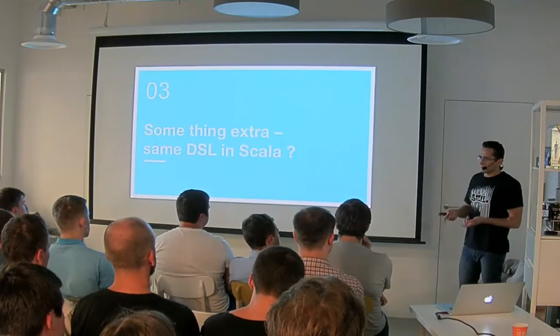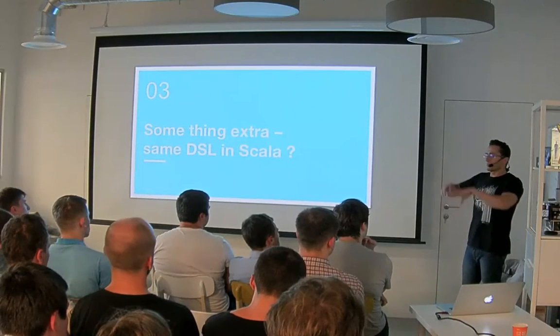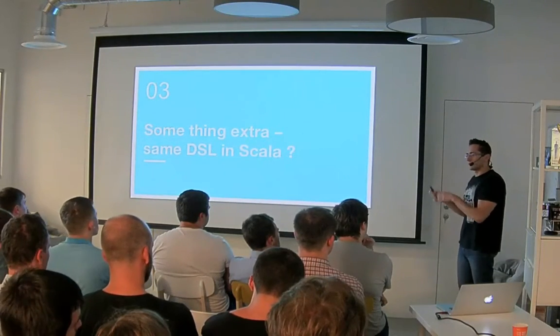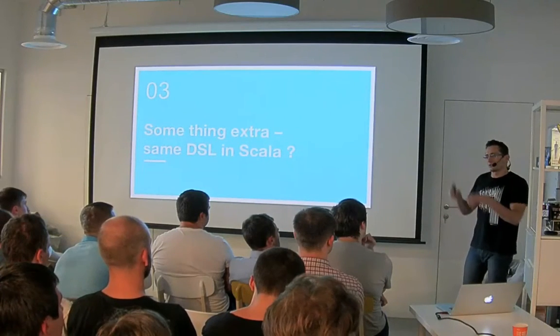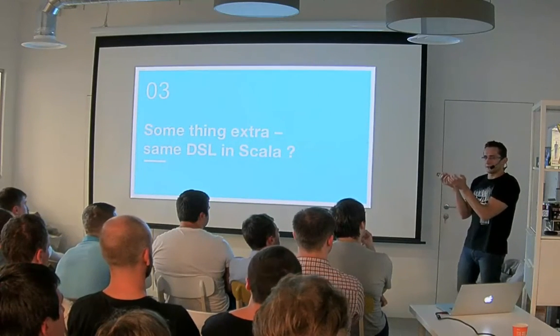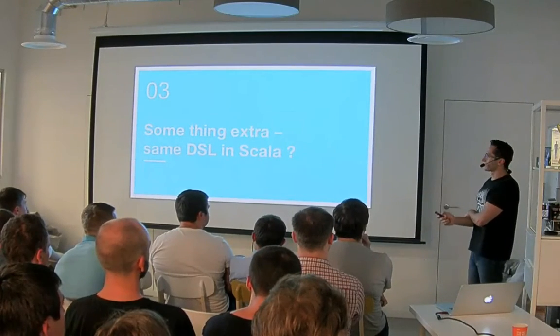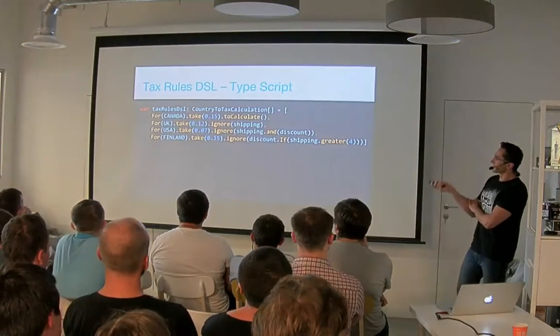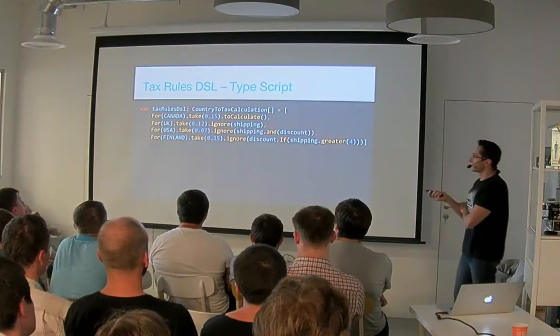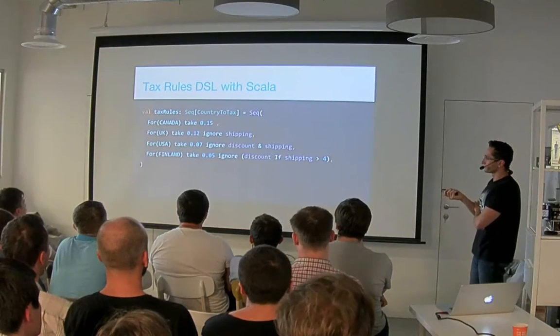So with TypeScript, we still had to keep all the parentheses, all the dots, and we still had to use the ugly to calculate function that I told you about in the beginning. Well, in Scala, we have a few things that can solve it. So this is the DSL in TypeScript. This is the DSL in Scala. Which one is better?